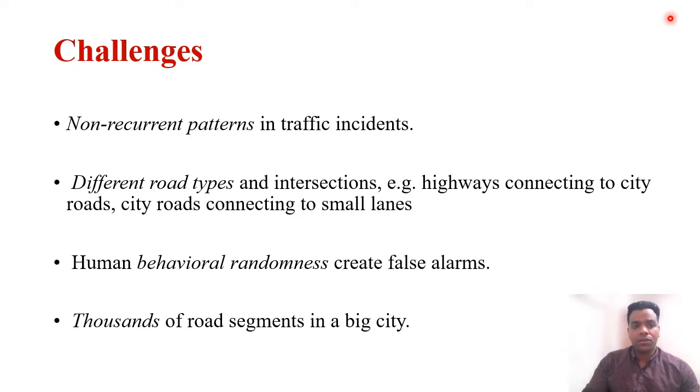Also, different roads with different types of patterns and architecture make it even harder to generalize the detection framework. And as humans are involved with these incidents or events, it increases false alarms in the learned model. Also, the effective management of thousands of road segments with different sensors is another key challenge.